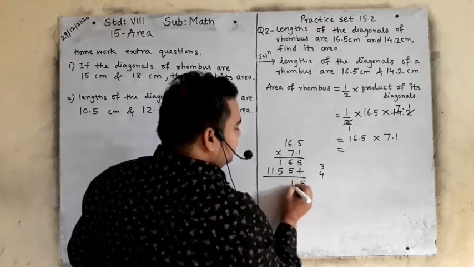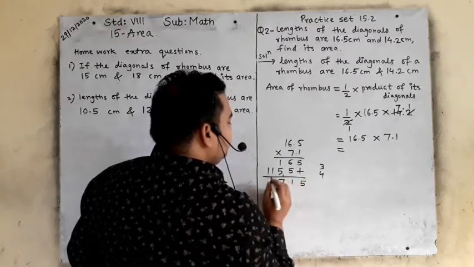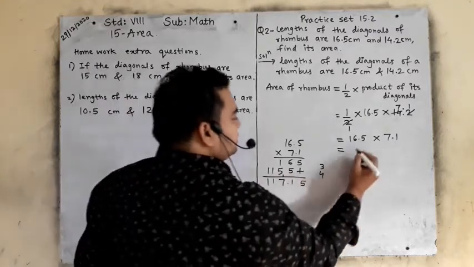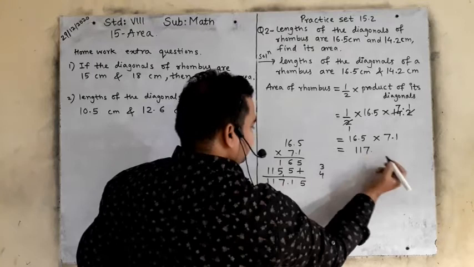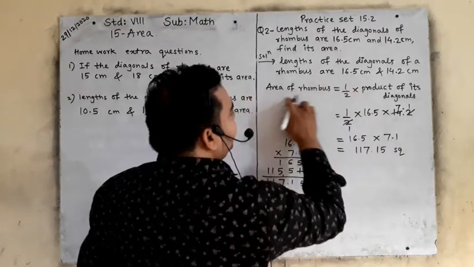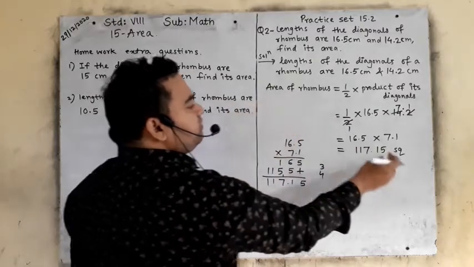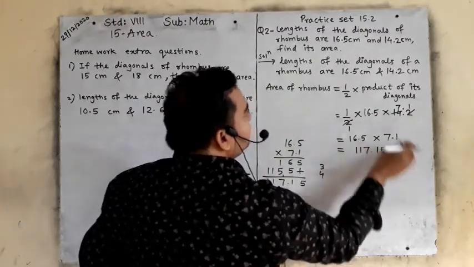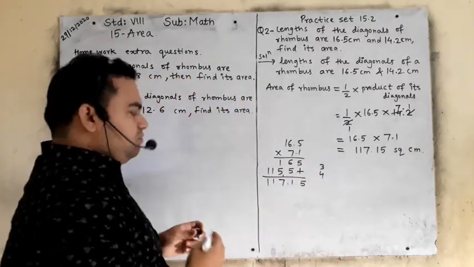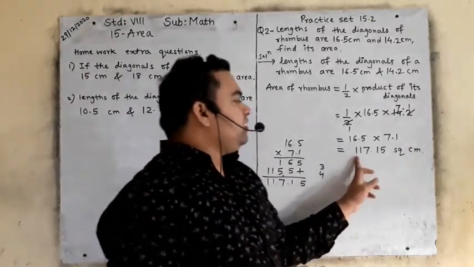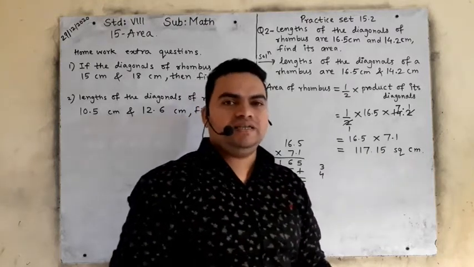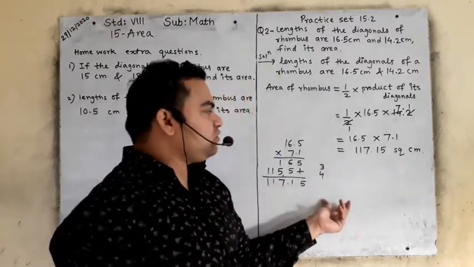So 5, 11, 7, 1, 1. After 2 digits the decimal point will come. So the answer is 117.15 square centimeter, because when you are finding an area, we write its unit as square. So area of rhombus is equal to 117.15 square centimeter. I hope you understood how to solve this.